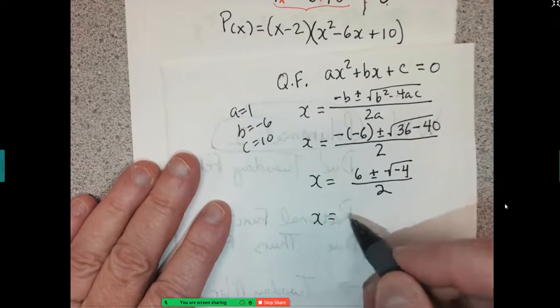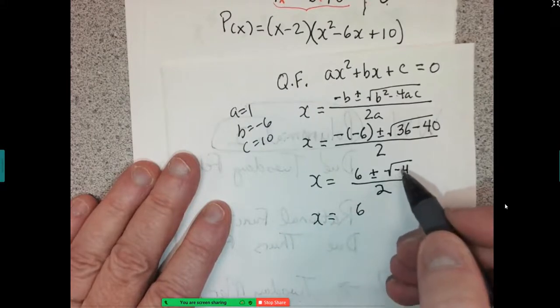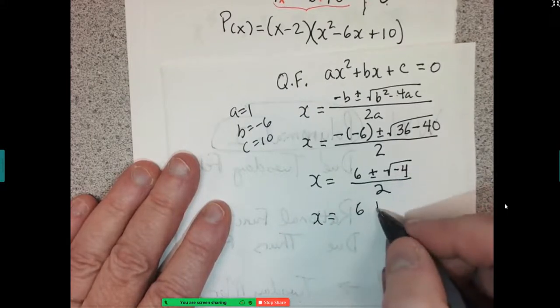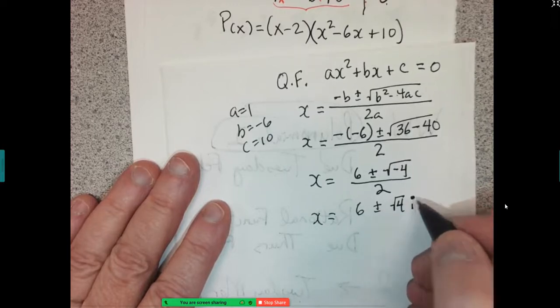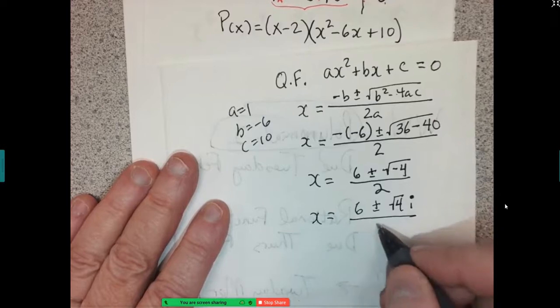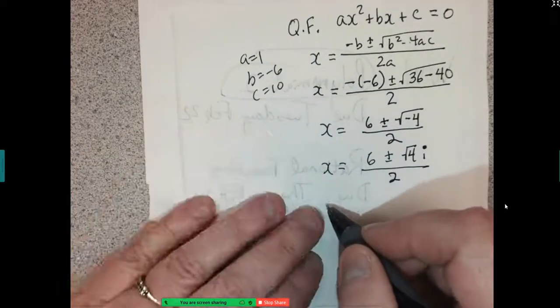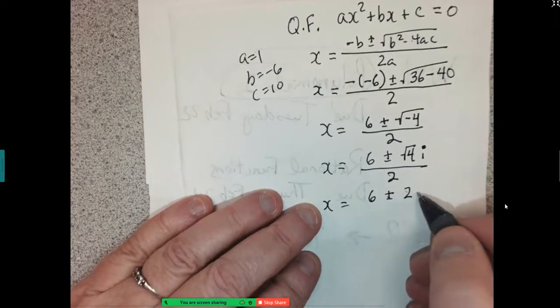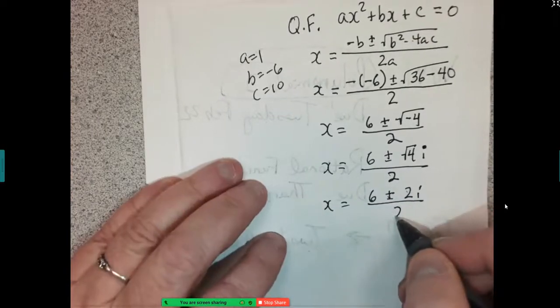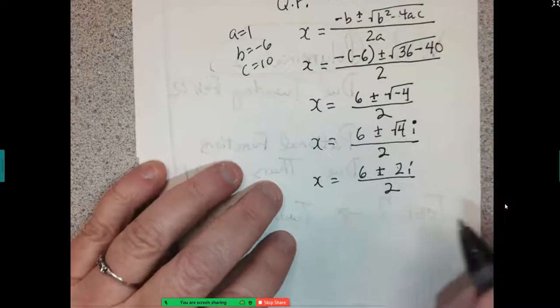Well, I can get the negative sign outside of this by rewriting this as the square root of 4 times i. And we do have to put our answers like that. And the square root of 4 is 2. And then at this stage, I would start splitting it up.